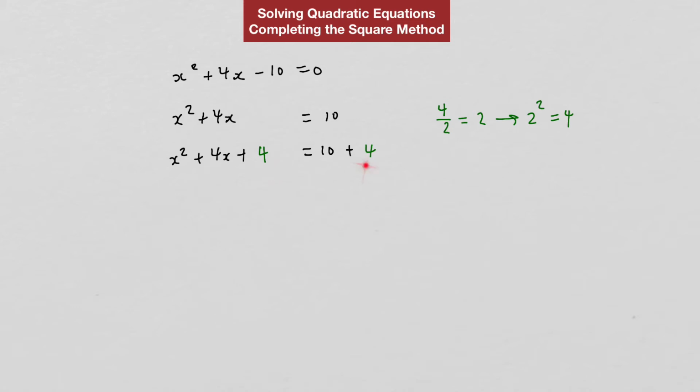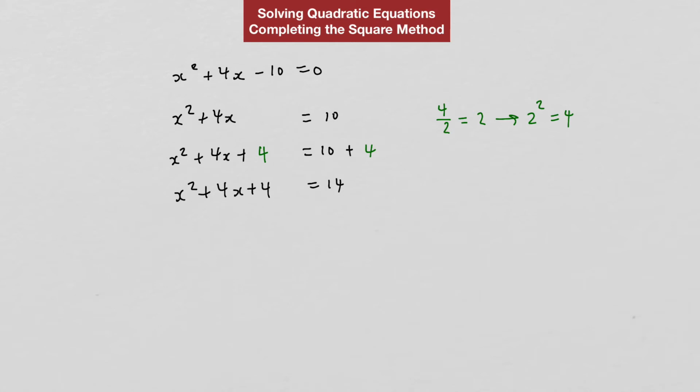We have a 4 on this side and we have a 4 on this side. You can't just throw this number into the equation and keep the equation balanced. Whatever you do to one side of the equation, you have to do the same thing to the other side of the equation. Okay, so rewriting this, we get x squared plus 4x plus 4 is equal to 14.